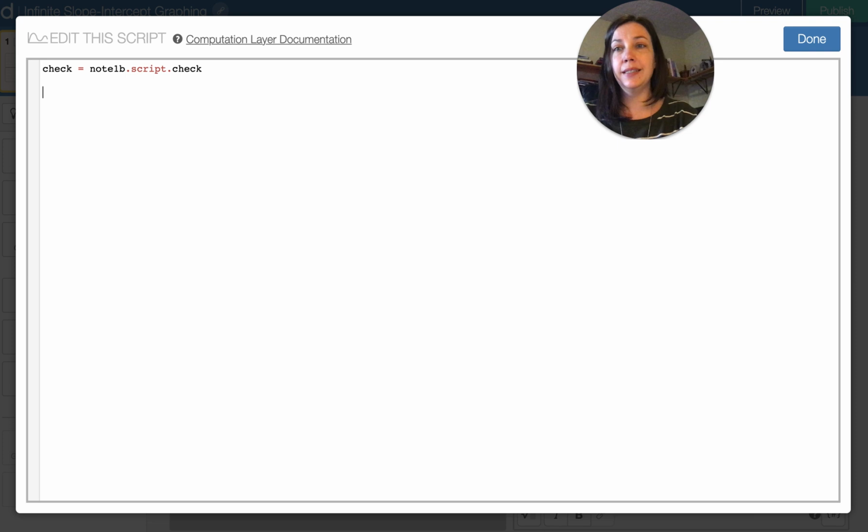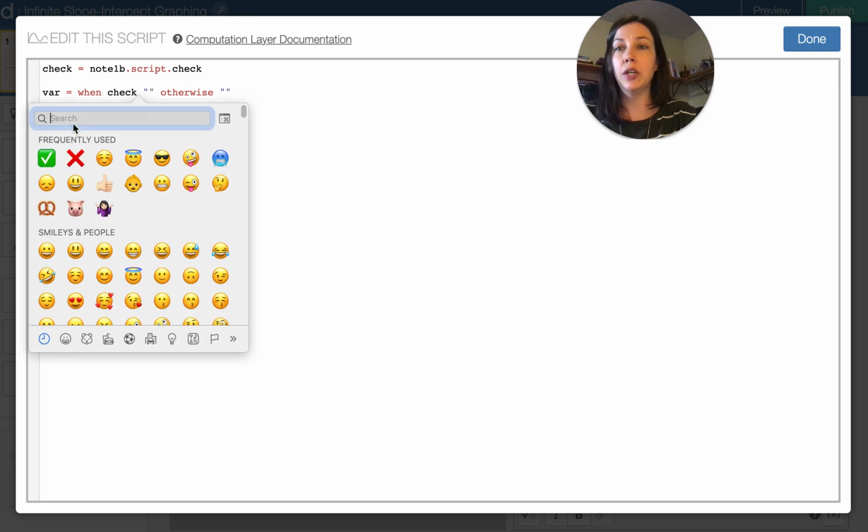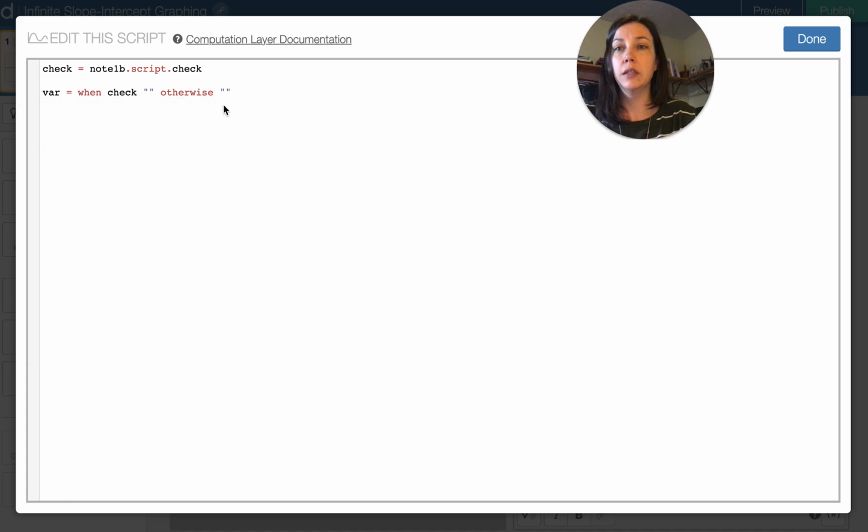Now I just need a name of a variable. I'm going to call it variable. I'm super creative that way. So when check happens, here's your feedback. Otherwise, here's your feedback. You all know that I like to use these emojis. I use the green check mark when they're right, the red X when not so much.